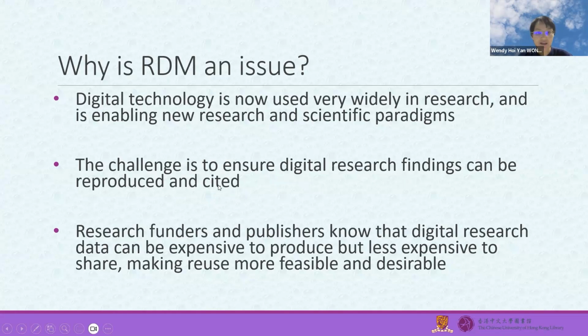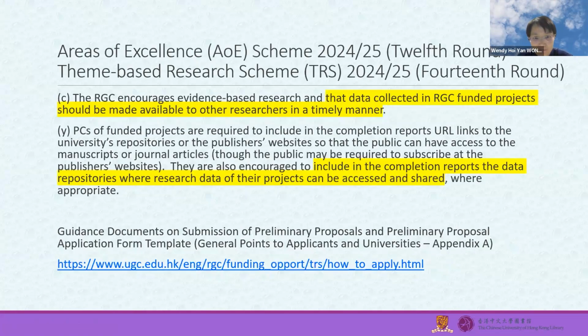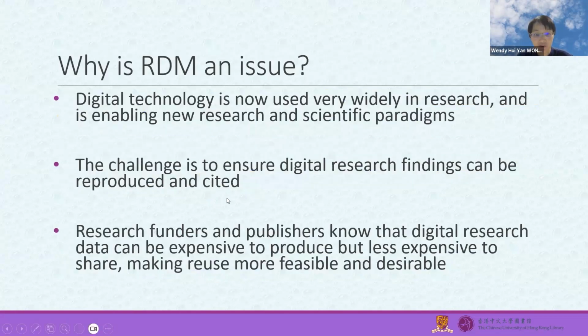Cited, I've already slightly mentioned that when you put your data in a data repository, you should be given a DOI, a permanent identifier for going to your research data which is deposited in a data repository.